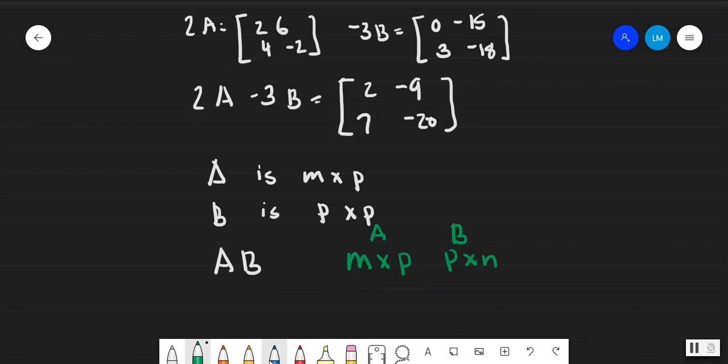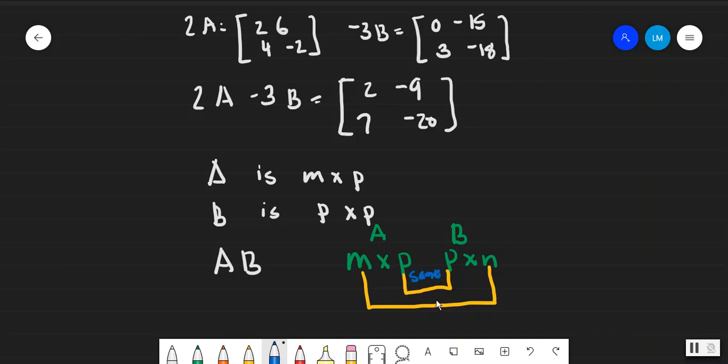So what we need here is that the outer dimensions are going to determine the size. But what's most important is that these two inner dimensions are the same. So we have to have that these two have to be the same.